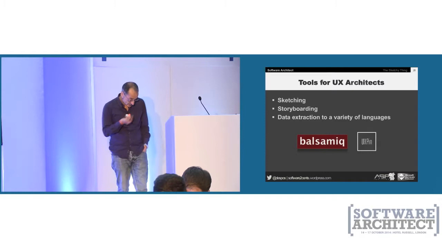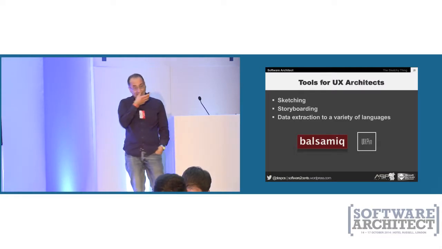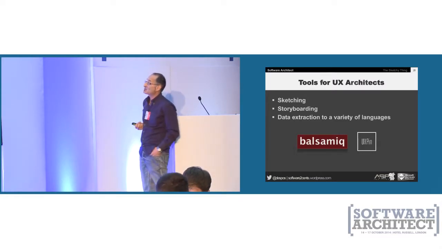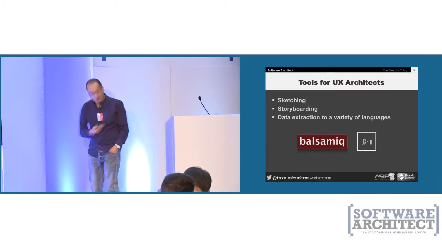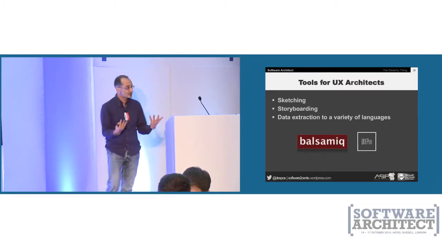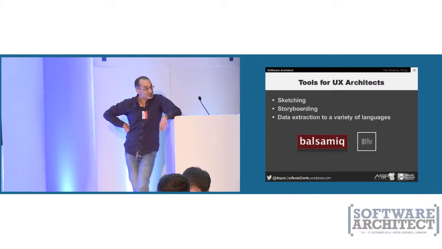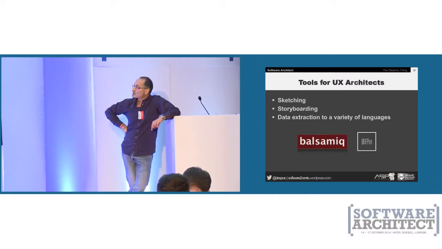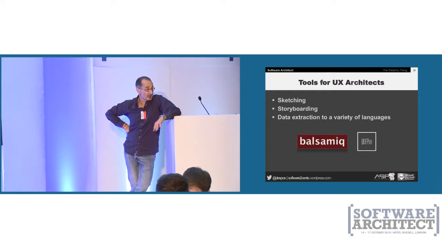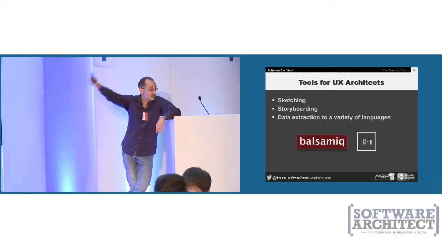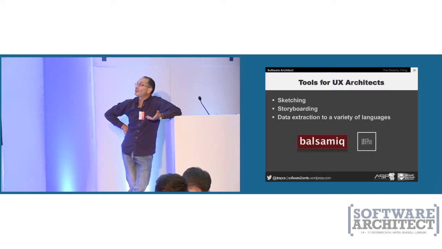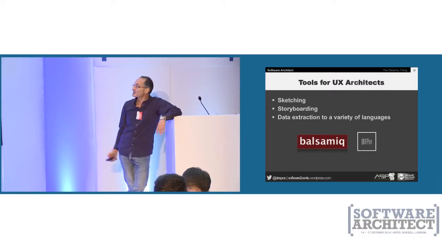So, tools for UX architects. Essentially, the job of a UX architect is about sketching, so creating shareable ideas of what goes into each screen form, storyboarding, so building a navigation system across the screens, and creating classes out of those wireframes.